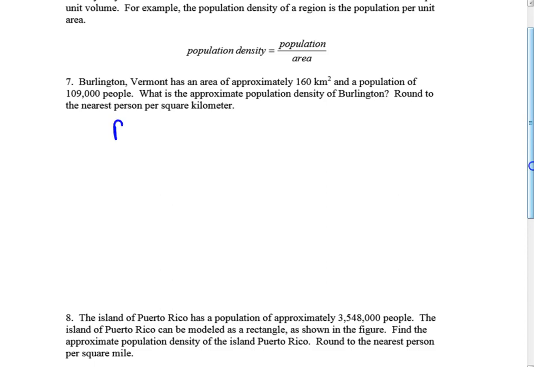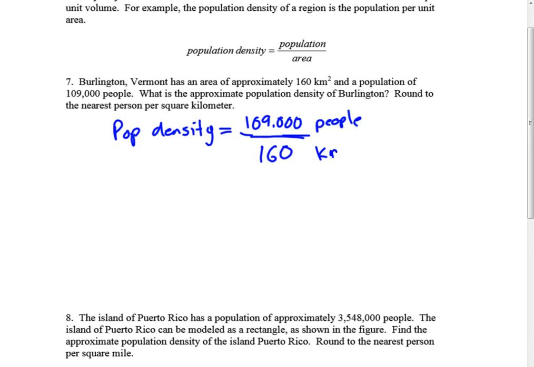So population density, this one's pretty straightforward. It's 109,000 people divided by the area, 160. So people per kilometer squared. Whenever it's per, it means divided by.